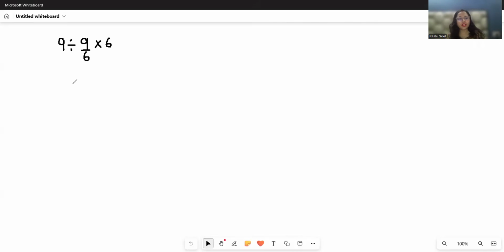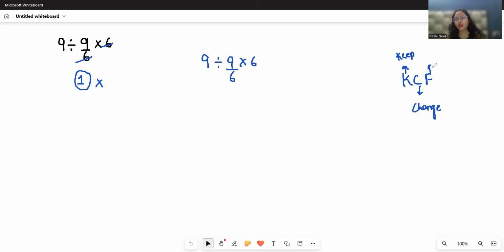So in this expression, we are given 9 divided by 9 by 6 times 6. People cancel out 6 with 6 and 9 divided by 9 is 1, which is wrong. We learned the KCF rule, so let's apply it. What is the full form of the KCF rule? Comment down below. Here K stands for keep, C stands for change, and F stands for flip.